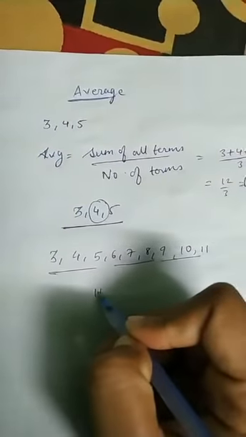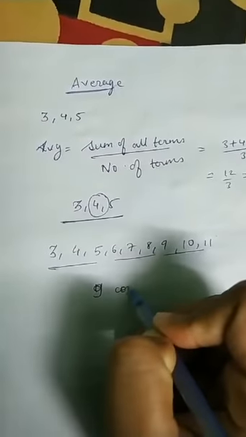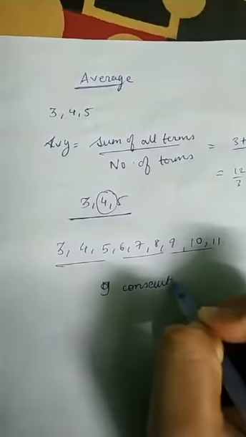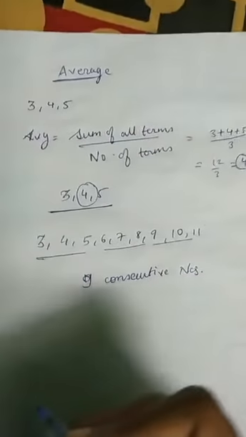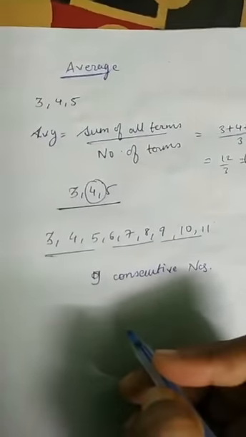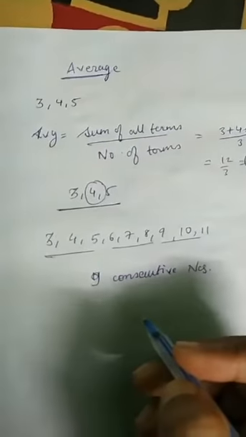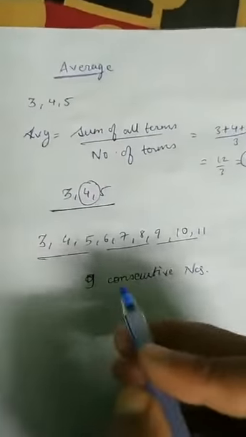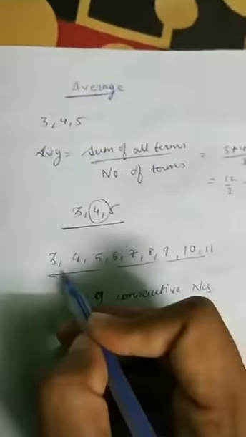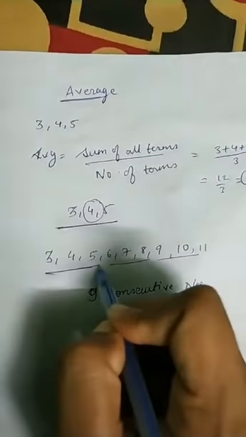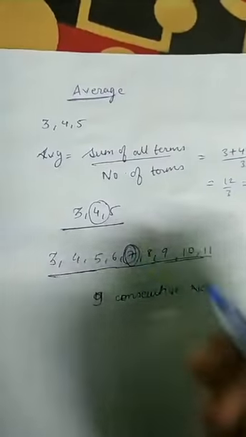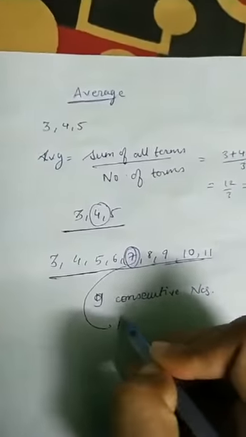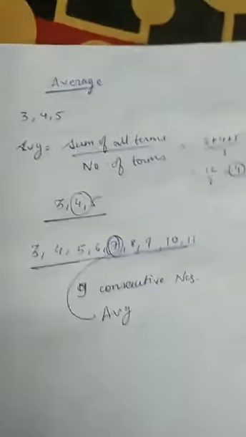So we have 9 consecutive numbers. Whenever we are asked the average, we can clearly say that the middle term of these consecutive numbers will be the average. So how do we find the middle term? 4 here, 4 here. So 7 will be the average.